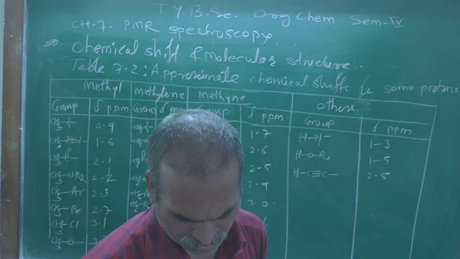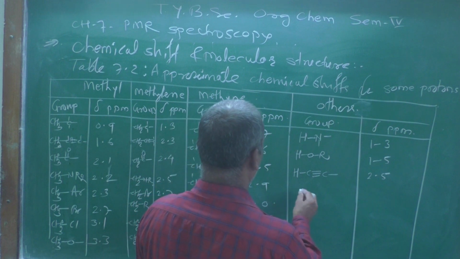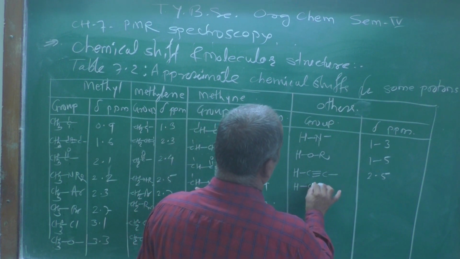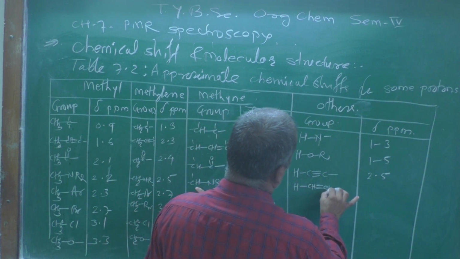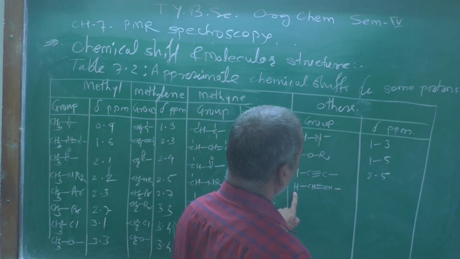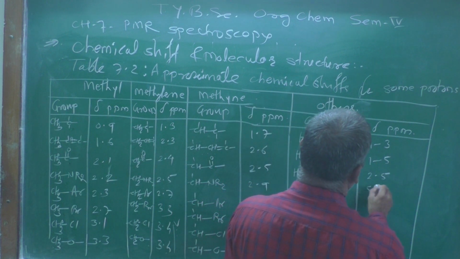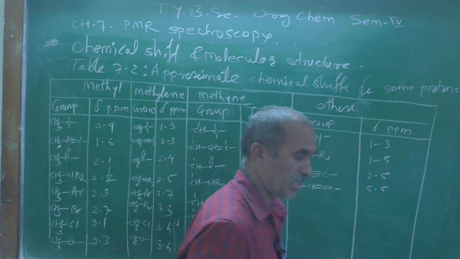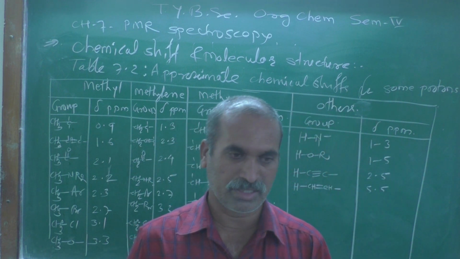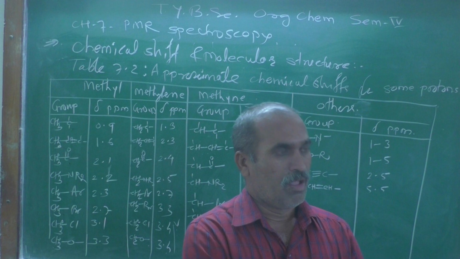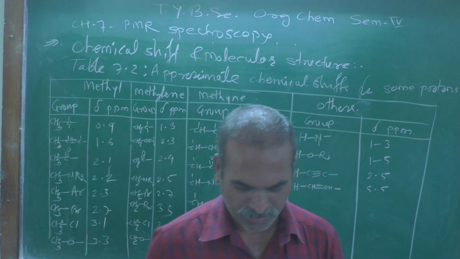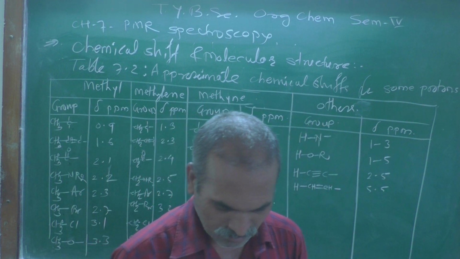Now let us see the proton which is attached to a carbon-carbon double bond. The value is found to be 5.5. Again de-shielded, the reason is the same which I have explained just now.